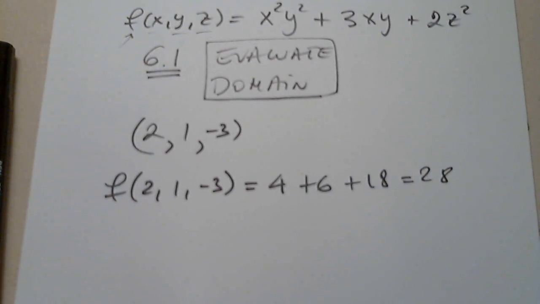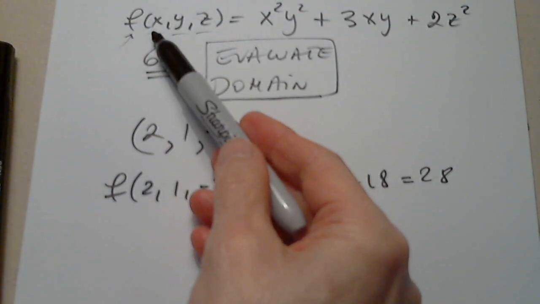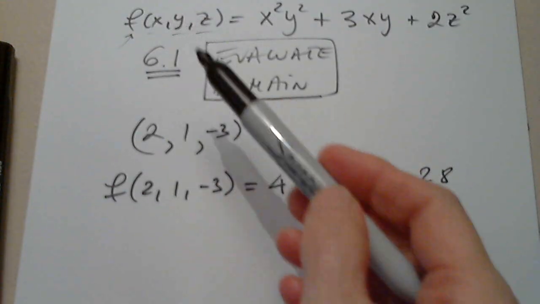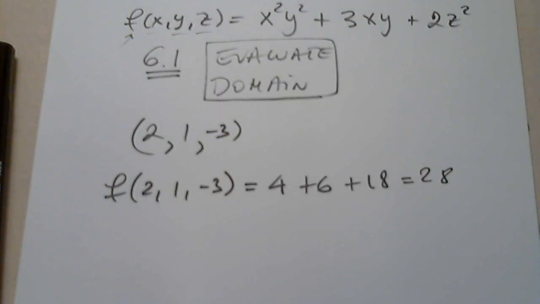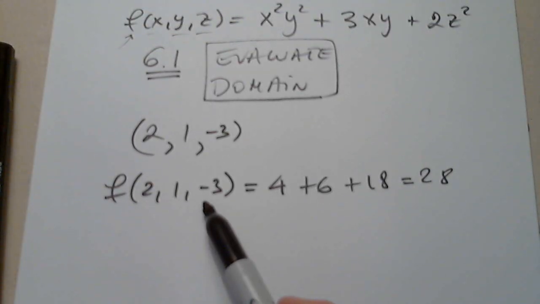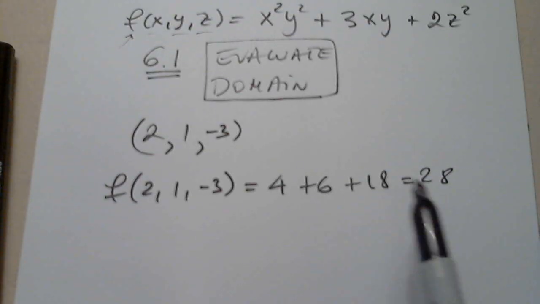That's how we evaluate. Nothing new. It's just that we have to be careful and plug in the corresponding values. In this case, I picked 2 for x, 1 for y, and -3 for z. I performed the calculations, and when x is 2, y is 1, and z is -3, the function value is 28.